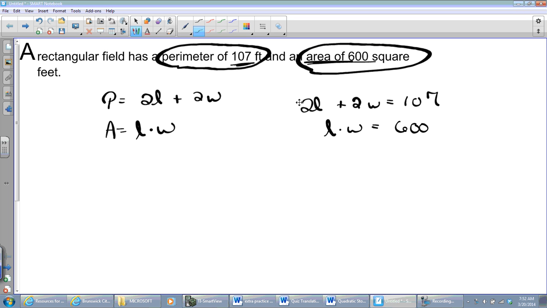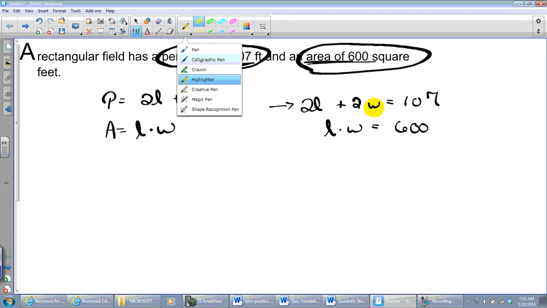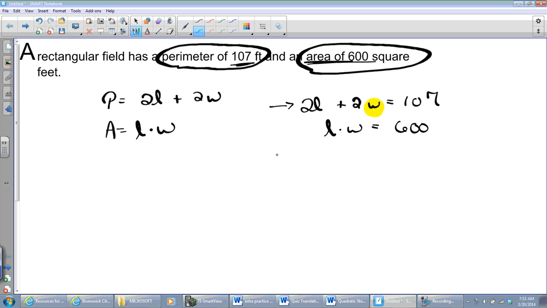I'm going to go ahead and solve this equation, let's solve for W. Yeah, I think I want to solve for W. Where's my highlighter? So I'm going to highlight the W. The first thing I'm going to do is subtract 2L from both sides. So I'm going to have 2L plus 2W equals 107.